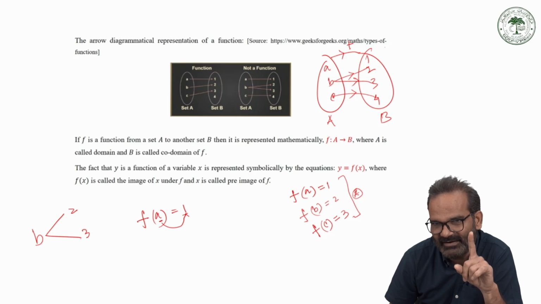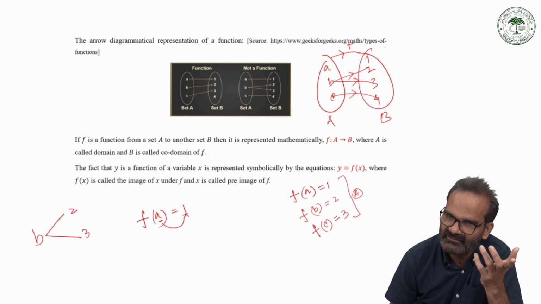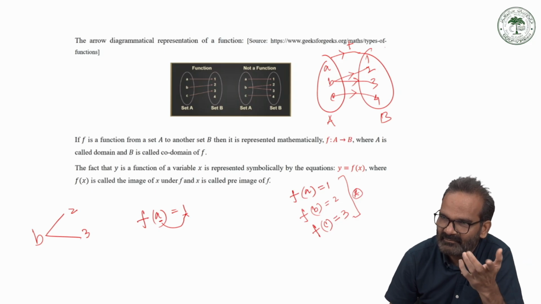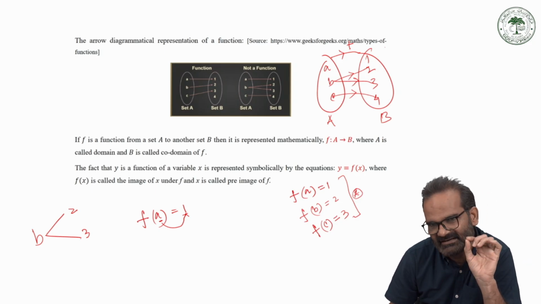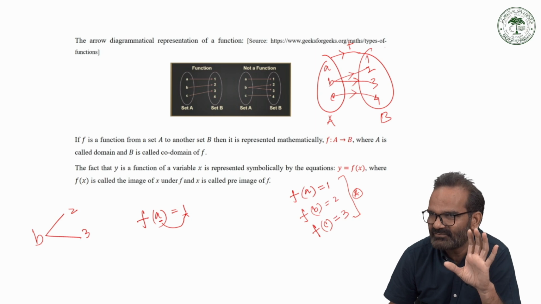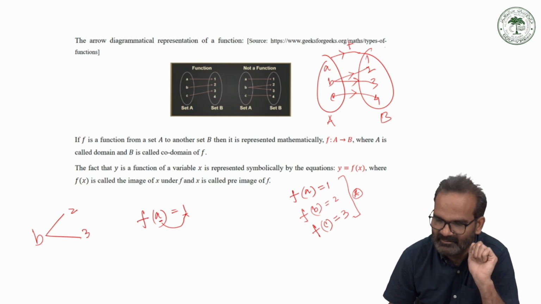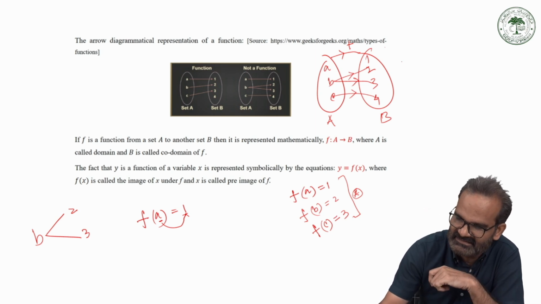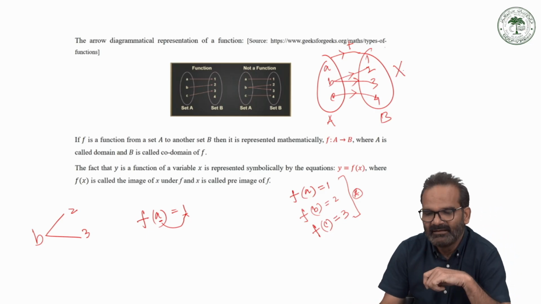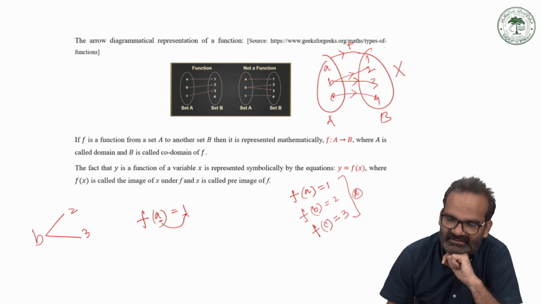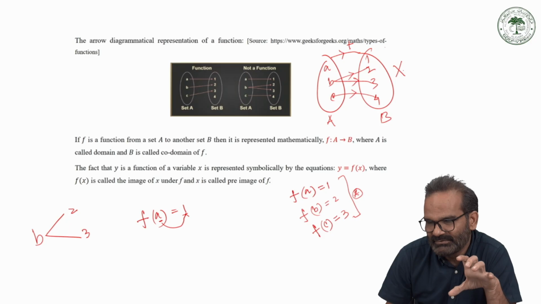Every element of A must have a unique image, meaning no element of A may be left vacant. You can have many elements in B which are not the image of any element of A, but in A you cannot have even a single element which is left out, which has no image in B. So in this case, this is not a function. That is why we have mentioned here that this is not a function. I hope you understand why this is not a function.